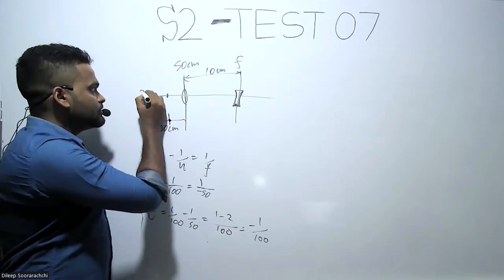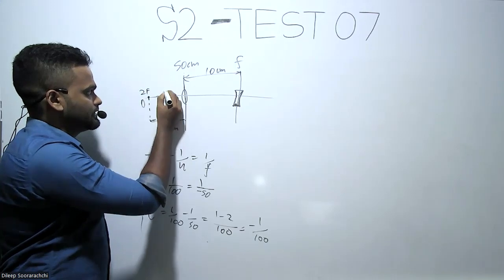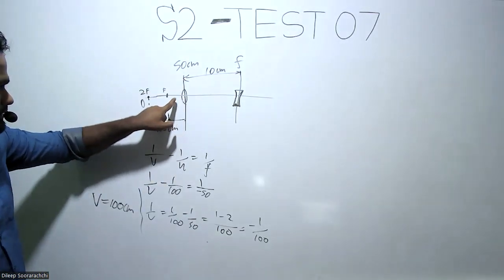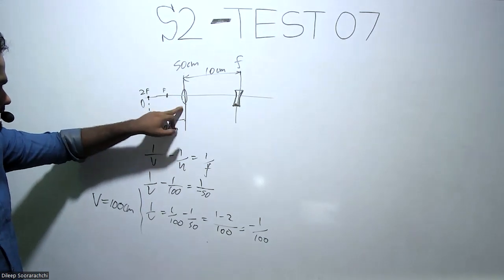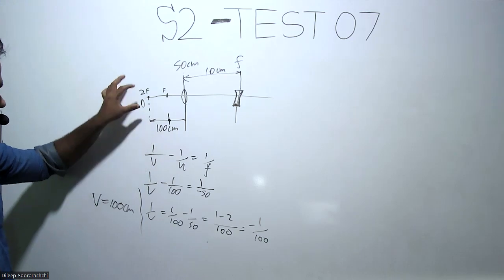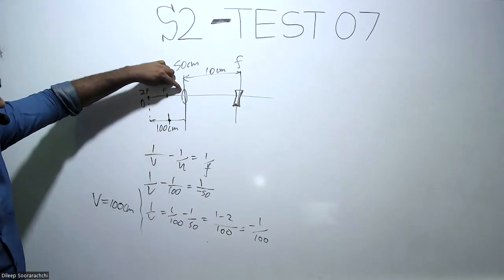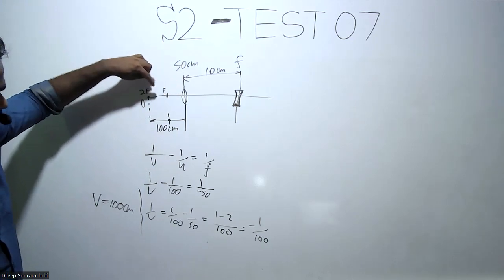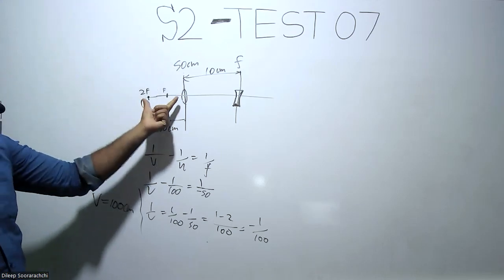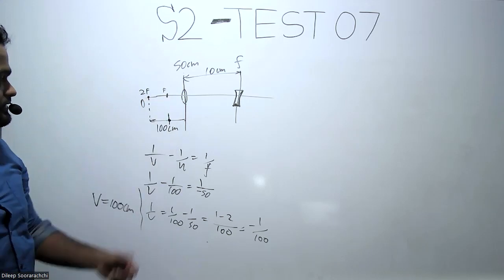100 centimeters means this should be 2F. This should be F. 50 means this is F. Then this should be 2F, which is 100 centimeters. Got it? This is 50 centimeters, then another 50 centimeters, then it's going to be 2F, so that is equal to 100 centimeters.